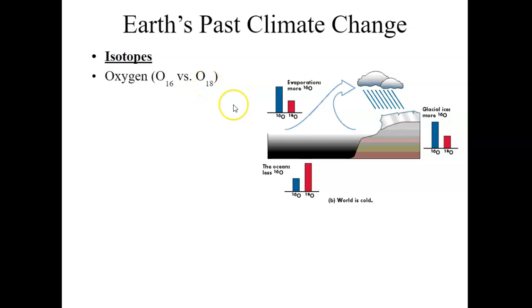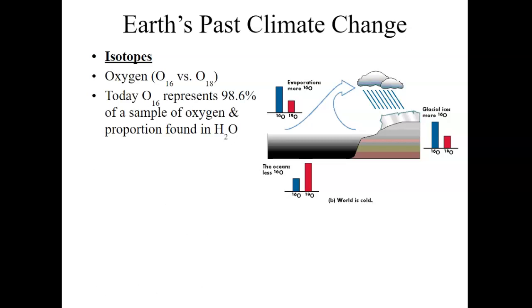So heavier atoms would have a harder time evaporating. But the warmer it is, the more chance that you can get the heavy isotope in the atmosphere.